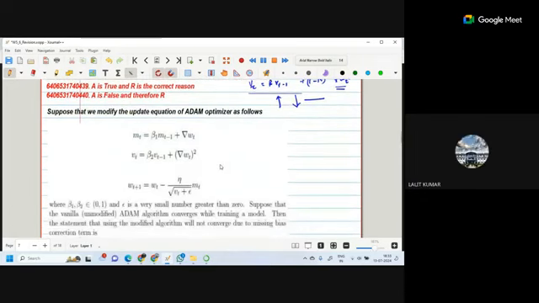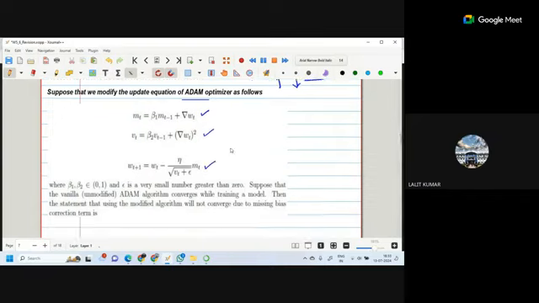Okay, there is another question. Suppose that we modify the update equation of Adam optimizer as follows. We make mt is equal to this, vt is equal to this. What they have done is removed the bias correction: mt hat is equal to mt by 1 minus beta to the t. This was there, and they have removed this.